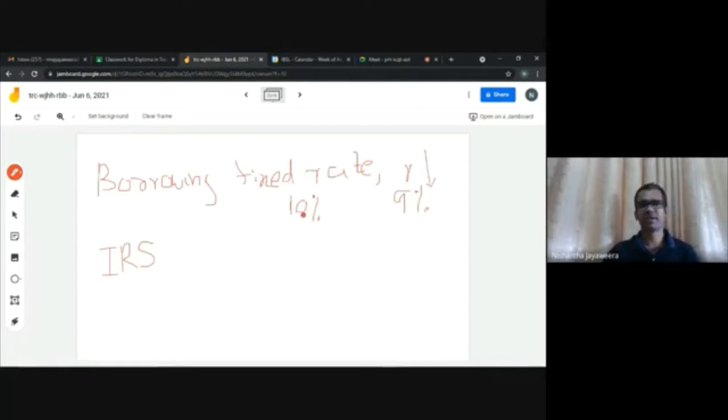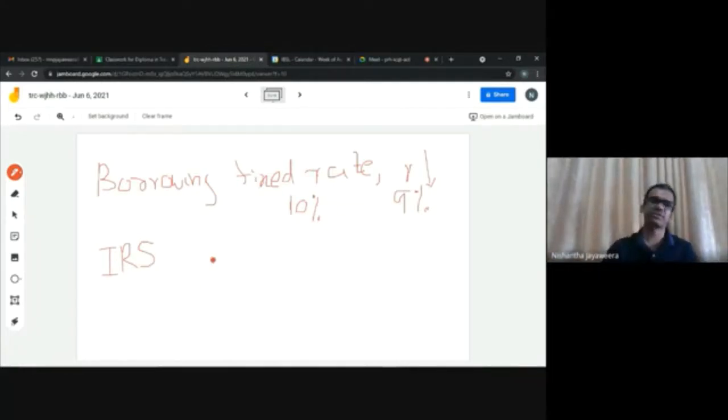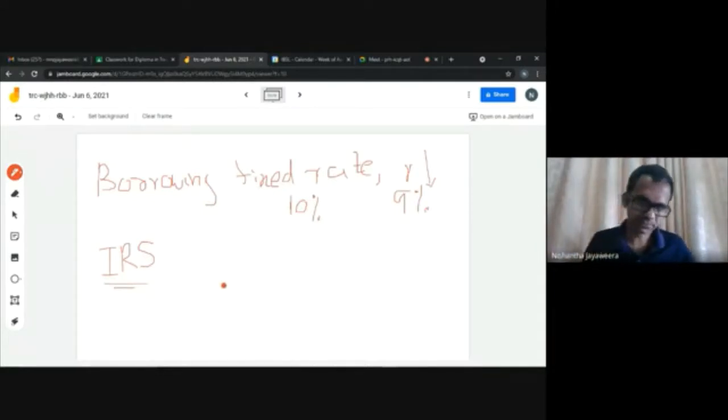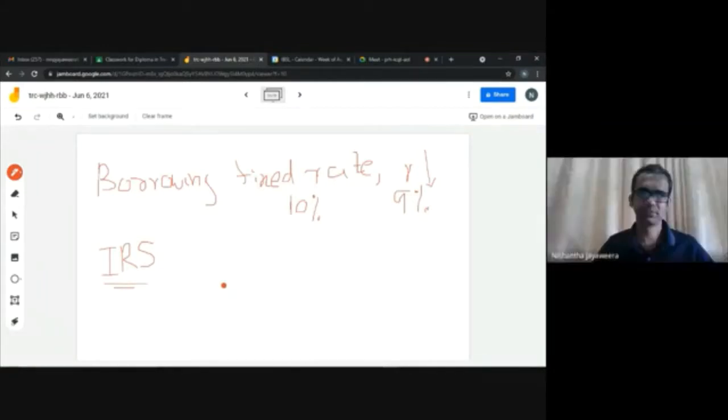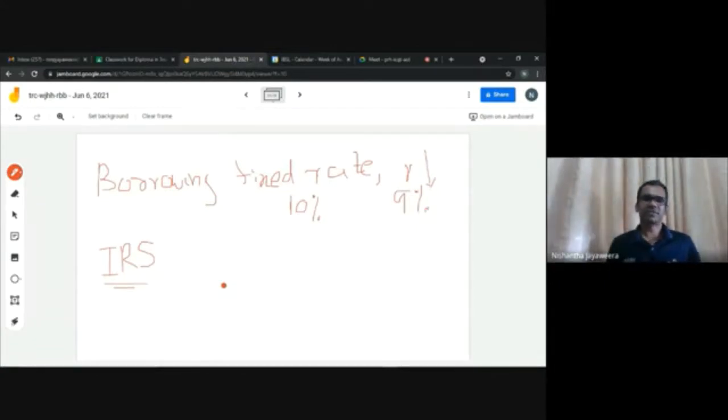You have a borrowing at 10% fixed rate. Interest rate is going down. You want to reduce your interest cost. How do you use an interest rate swap to cover that? You prefer a lower fixed rate. Lower fixed rate. What does it mean?